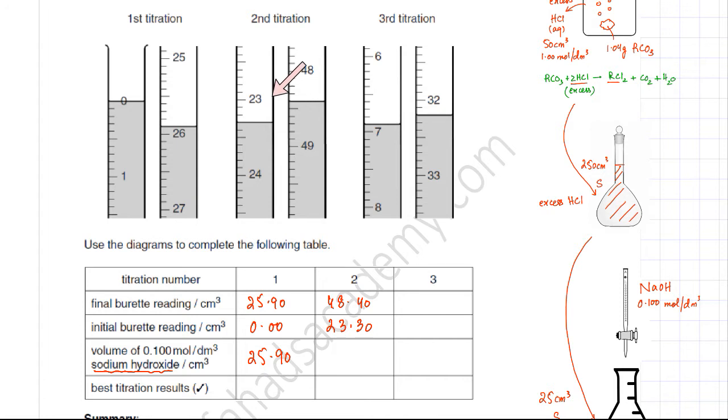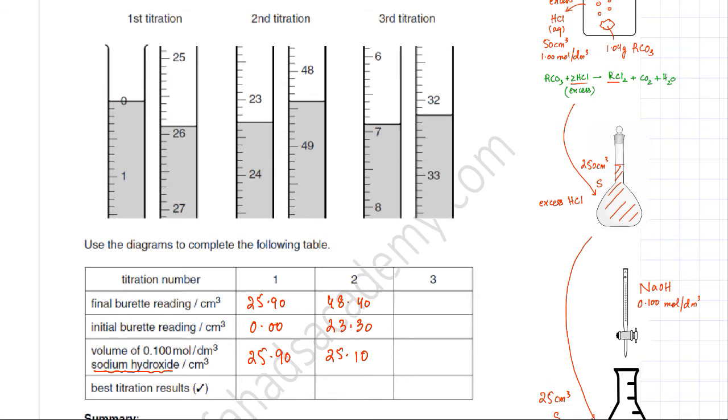It's going to be the difference between the two values. And 48.40 minus 23.30 comes out to be 25.10 cm³. Remember to take burette readings to two decimal places, because that's the accuracy of the equipment. Burette has an accuracy of 2 decimal places.